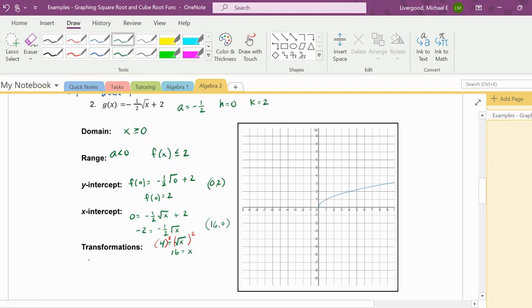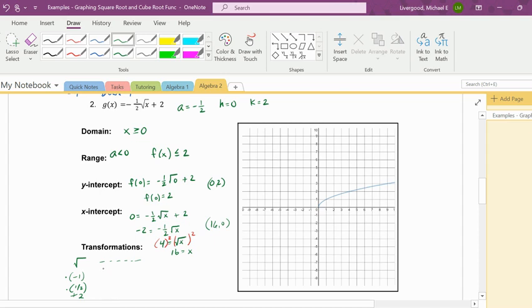All right, transformations. Let's talk about the operations that are happening to x as they're happening. We would start off with the square root of x. That's the actual function. Everything after that is affecting the y. So there's a negative 1 that's being multiplied. I list this separately. We're also multiplying by 1/2, and we are adding 2.